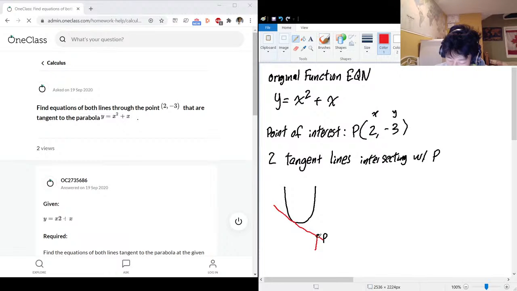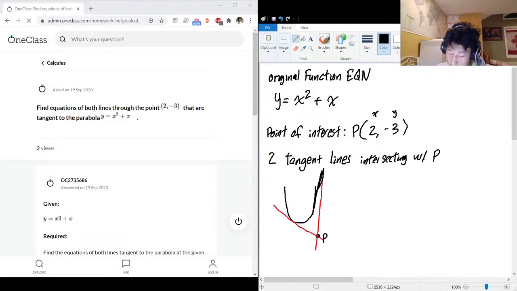And the other one will be pretty vertical, but you know, the parabola would keep going, and then somewhere up the parabola there would be some point where the tangent line does intersect with this. So we are definitely going to have two lines that intersect with it, only two lines. So yeah, cool.